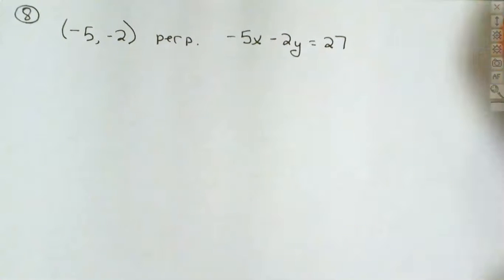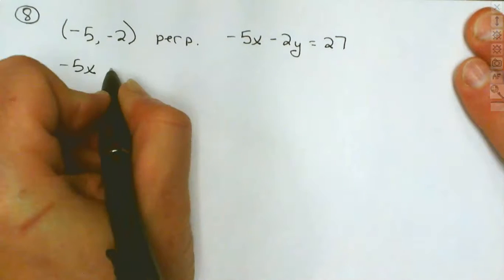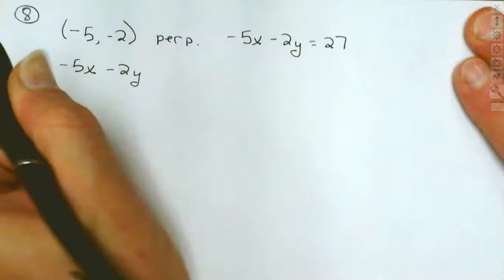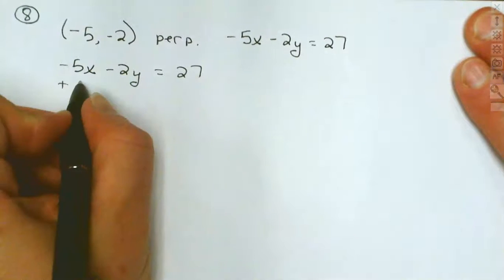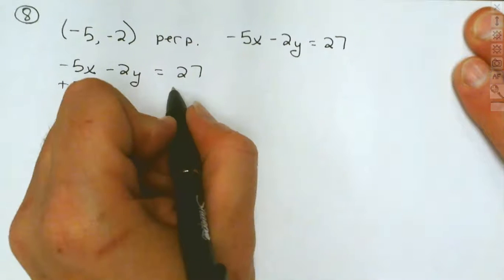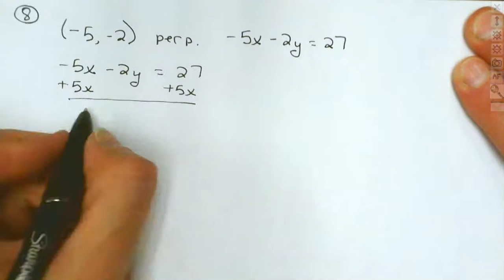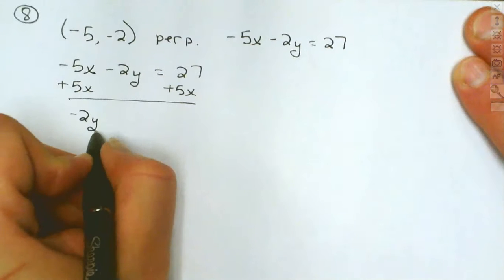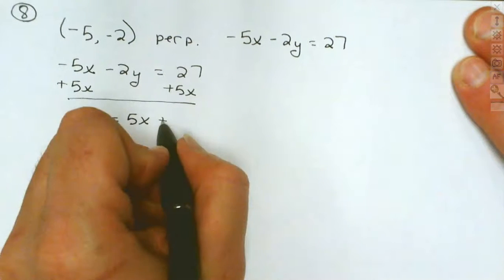So first things first, we're going to take our equation and we're going to solve it for y. So add that 5x over. Now we have a -2y equals 5x plus 27.